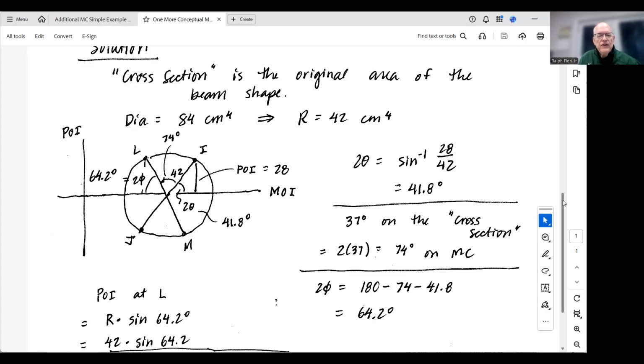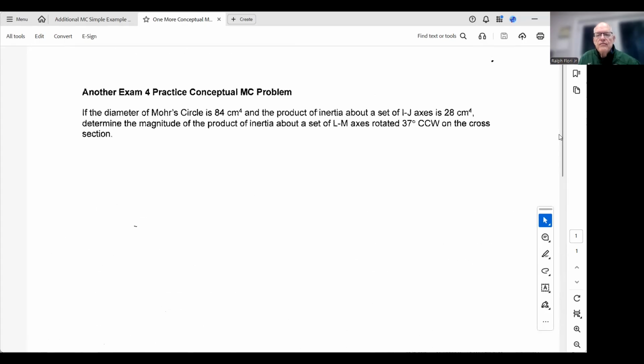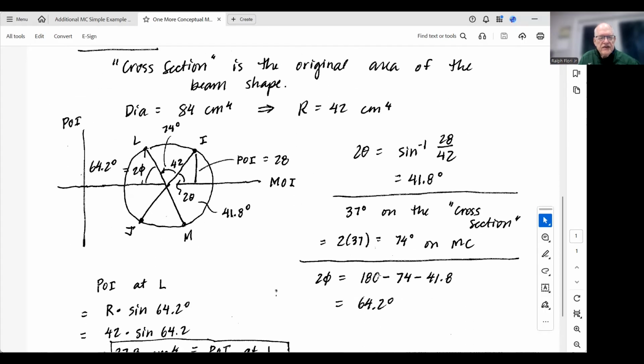And then we're told that the product of inertia about a set of ij axes is positive 28. Now, it doesn't tell you whether that's over here or over here. I just drew it here. So it gives you a positive 28 here at some ij set of axes.